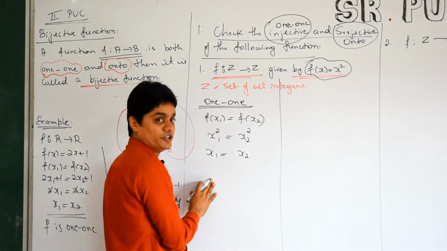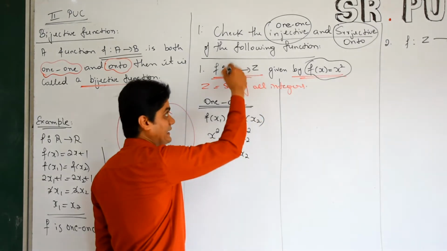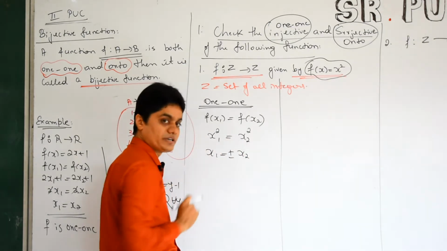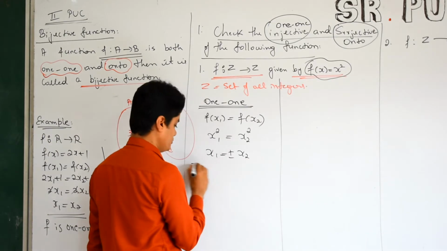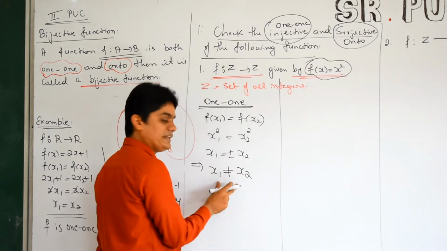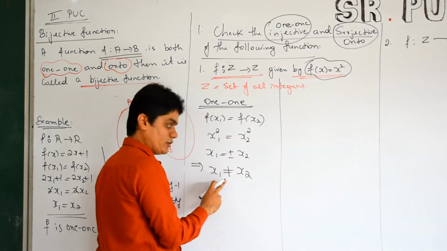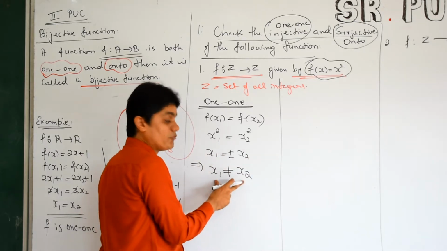Is that right? No, it should be plus or minus, because Z contains negative integers also, and when you take the square root on both sides, you should write plus or minus. So x1 is equal to plus or minus x2. This implies x1 is not always equal to x2. If x1 is equal to plus x2, then they are equal. If x1 is equal to minus x2, then they are not equal. So it is not equal always.